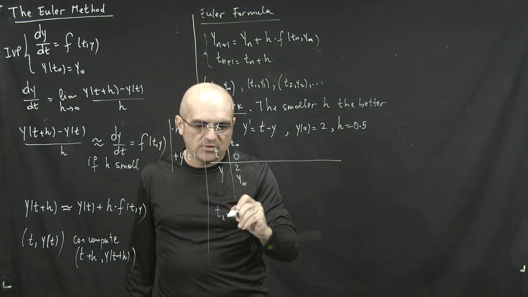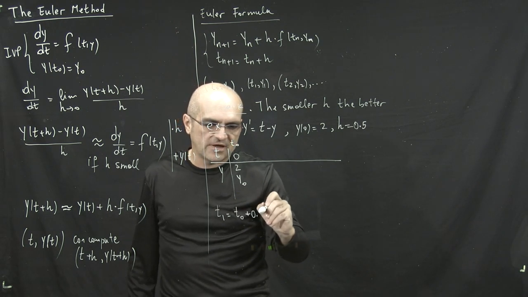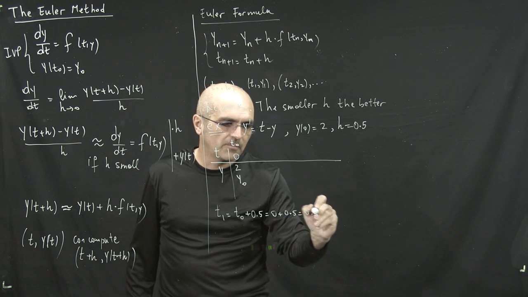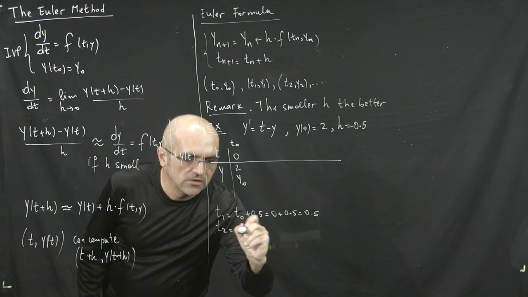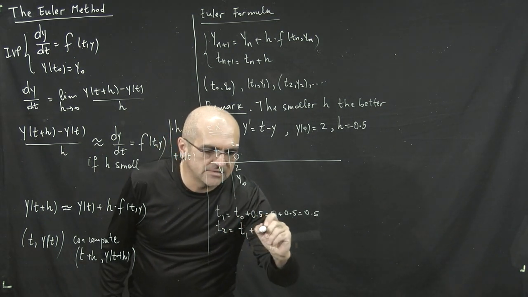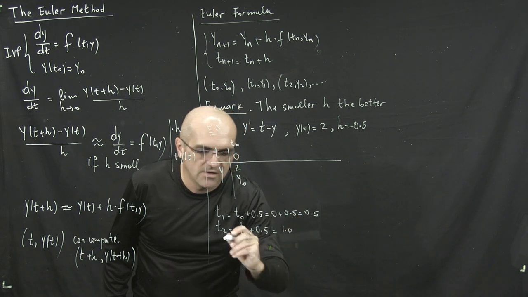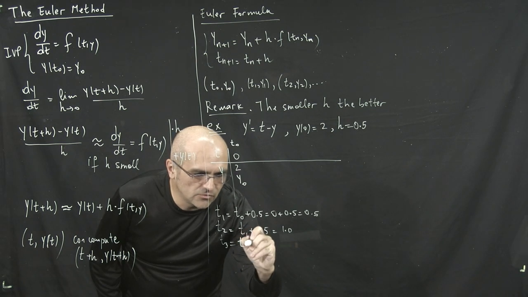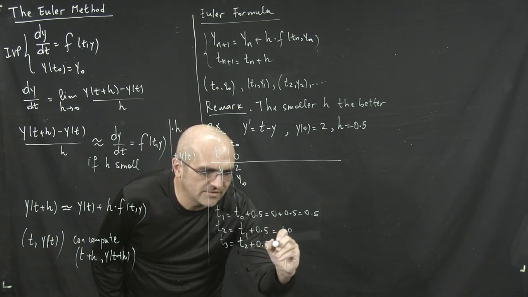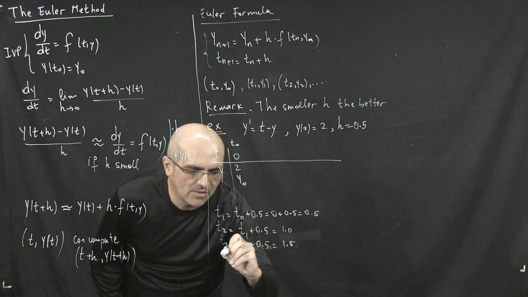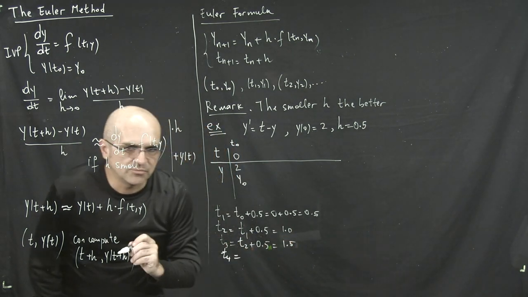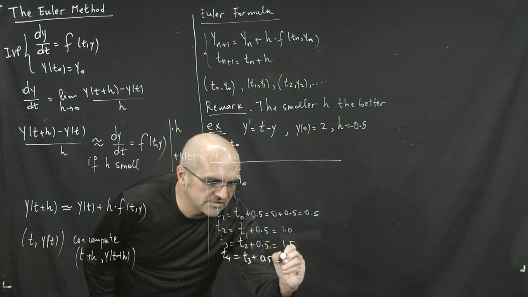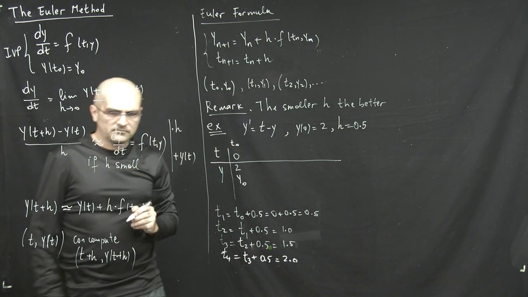t1 will be the previous t plus 0.5, so 0 plus 0.5 equals 0.5. Then t2, the previous time value t1 plus another 0.5, gives me 1. t3 is t2 plus 0.5, that gives me 1.5, and t4 is t3 plus 0.5, which is 2.0.